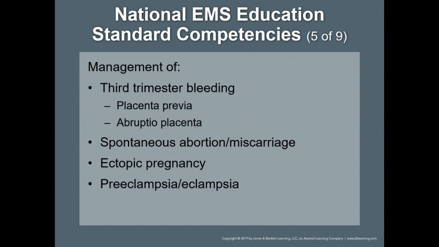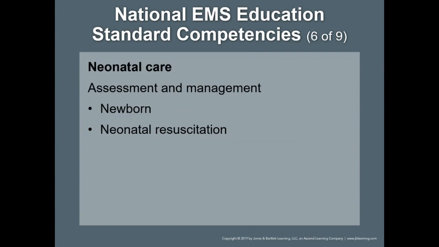So we're going to be looking at partial previa, placenta previa, and abruptions of the placenta. Spontaneous abortions or miscarriage, ectopic pregnancies, eclampsia and pre-eclampsia. So when we start looking at pregnant people, it's a lot of stuff that could go left, and we need to know how to handle that.